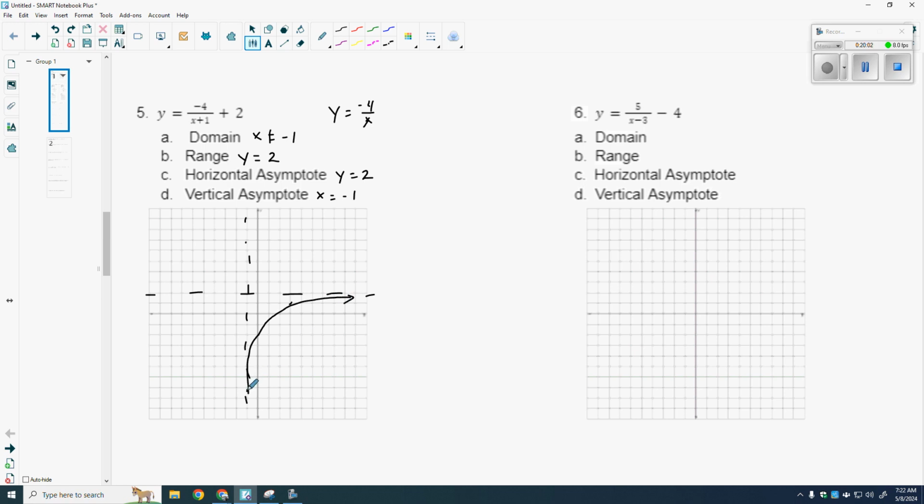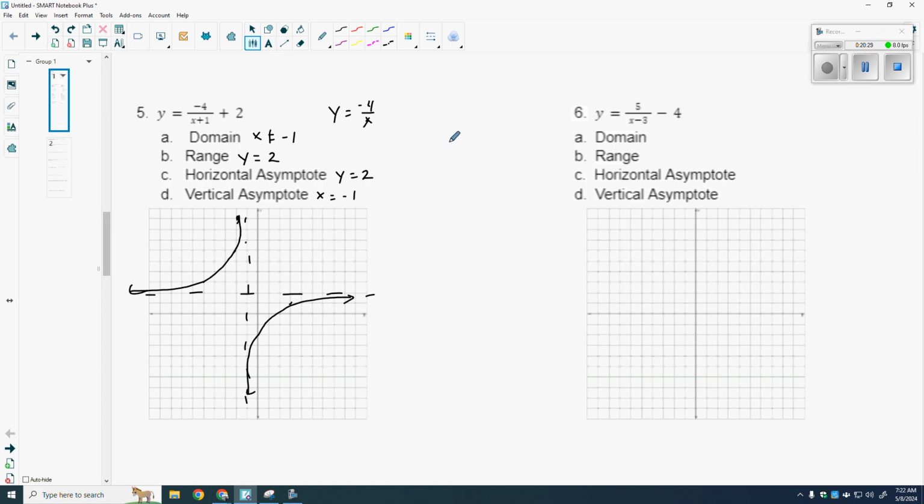Go the other direction. Plug in negative 4. Negative 4 divided by negative 4 is a positive 1. 1, 2, 3, 4. 1, 1, 1, 2, 3, 4. And I get the same graph over here just on top. The bigger this number is, the further out this will be away from the shifted origin.